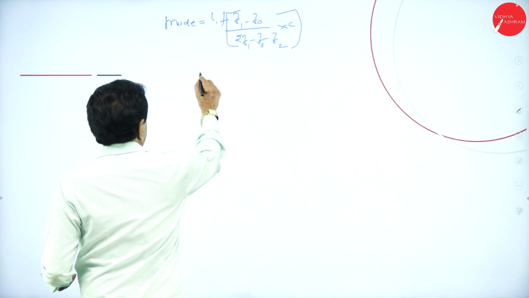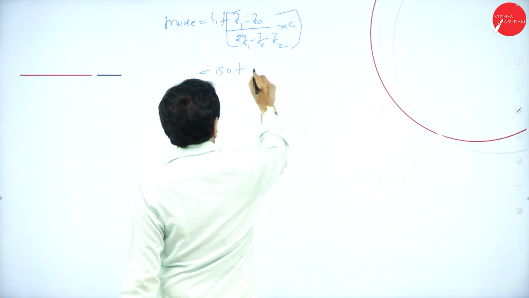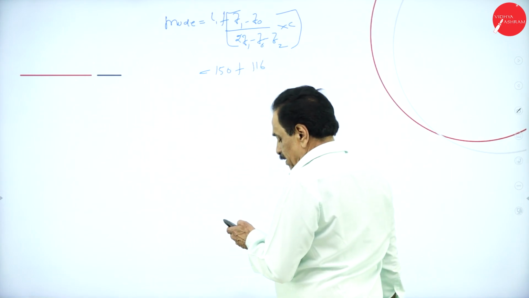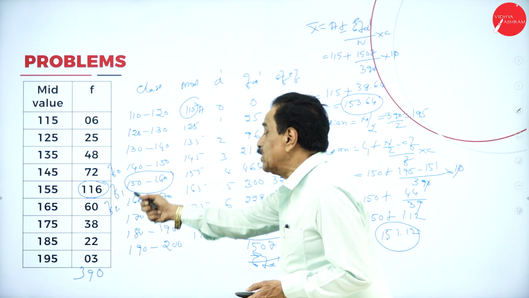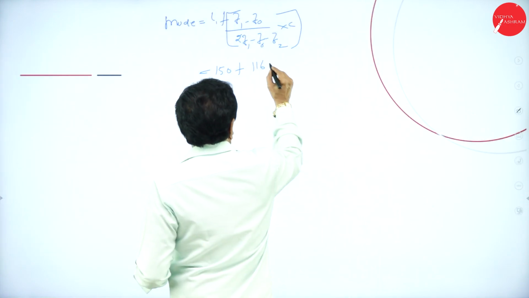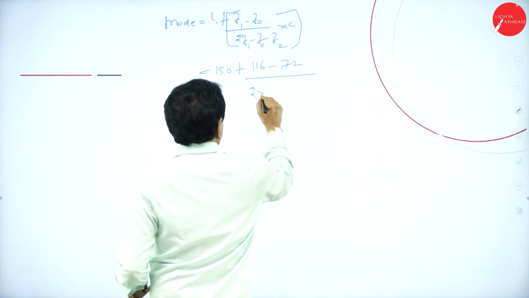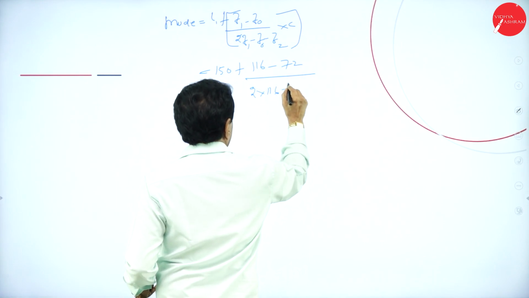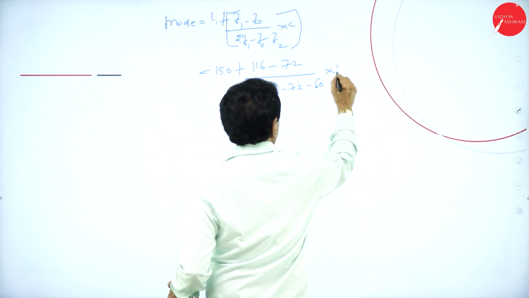Your lower limit is 150, plus F1, 116, minus 72, divided by 2 into F1, 116, minus 72 minus 60. Your class interval is 10.